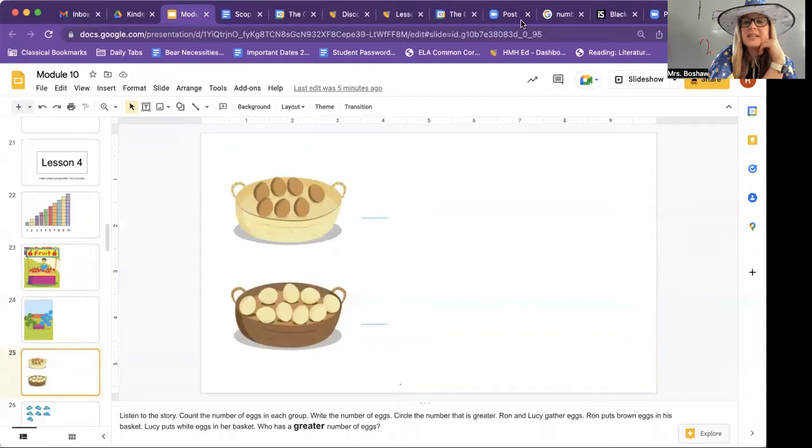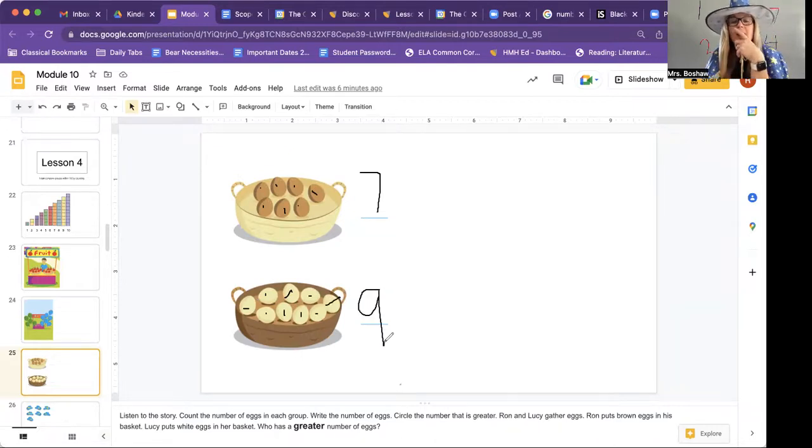Well, again, let's count. 1, 2, 3, 4, 5, 6, 7. So Ron has 7 eggs. And Lucy, 1, 2, 3, 4, 5, 6, 7, 8, 9. 9. Who has the greater number of eggs?